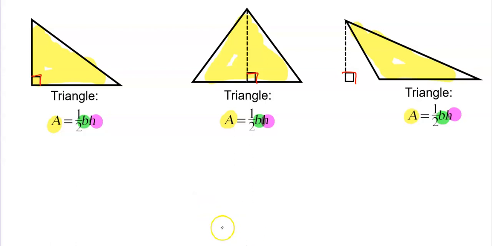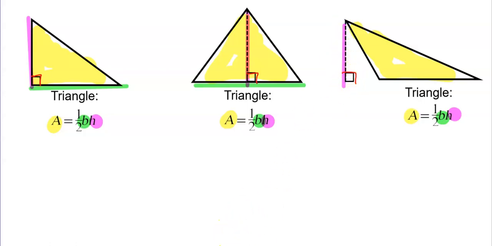On this right triangle here, we've got a base and we've got height. They are perpendicular to each other. On this one in the middle, we've got base and we've got height. They are perpendicular to each other. Here's the height because my right angle is over here.